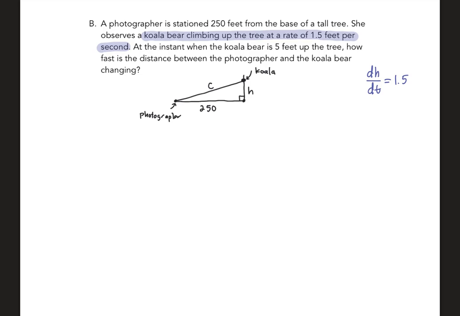Next thing they say, at the instant when the koala bear is 5 feet up the tree, at that instant, h is 5. Then they ask how fast the distance between the photographer and the koala bear is changing. The distance between the koala bear and the photographer is c, so how fast that's changing is dc/dt.